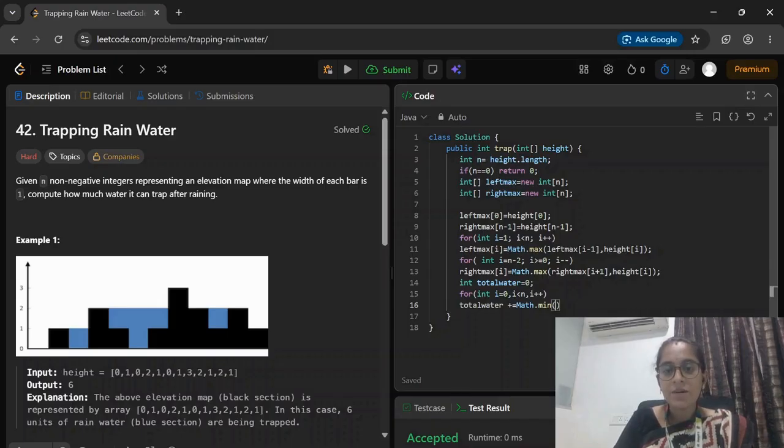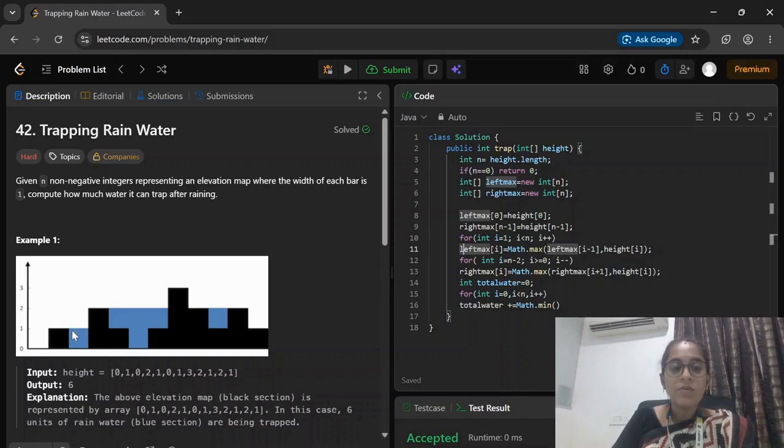From the left maximum array and the right maximum array, we compare these two and take the minimum value, and then we subtract the current height to get how many units of water are going to be stored. So at the current position, we look at the left maximum of this position and the right maximum height from that position.